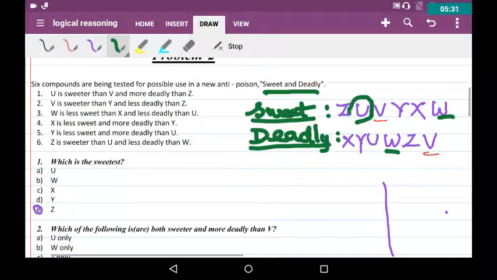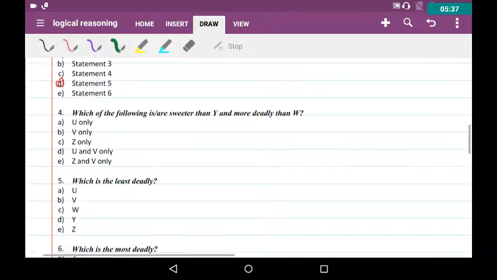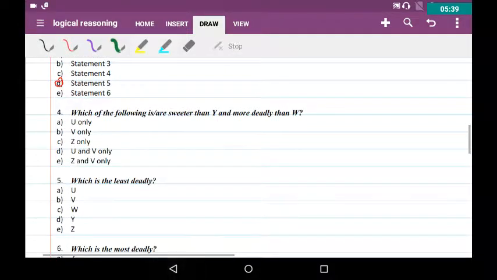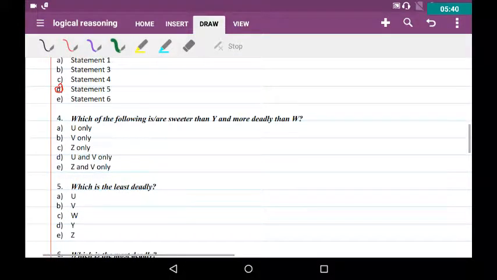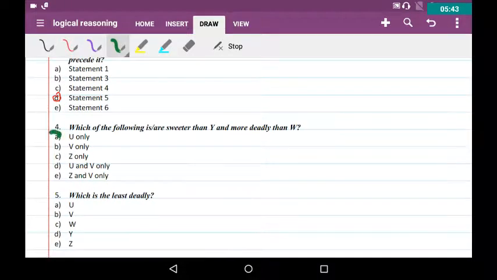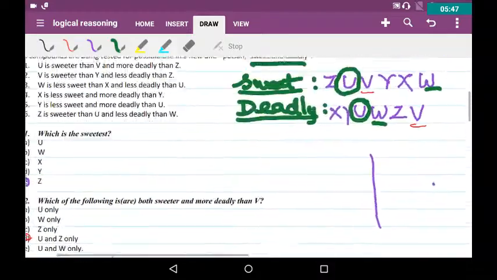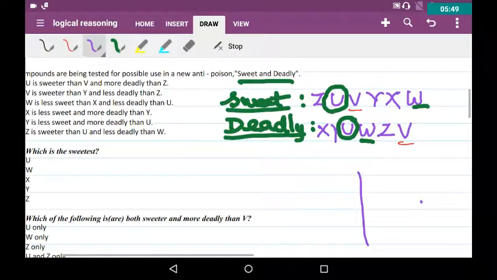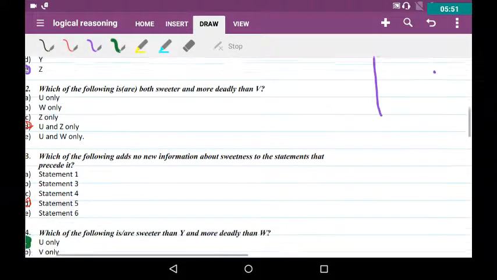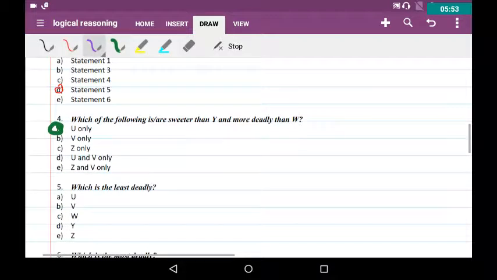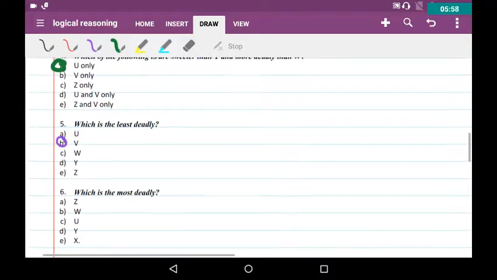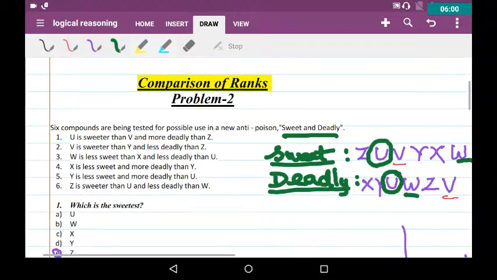Sweet only U, and here also U. So the answer is U. Option A, U only. Which is the least deadly? V. Which is most deadly? Most deadly is X.